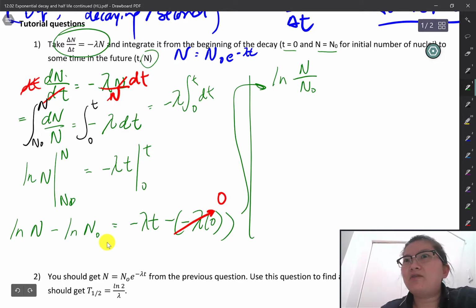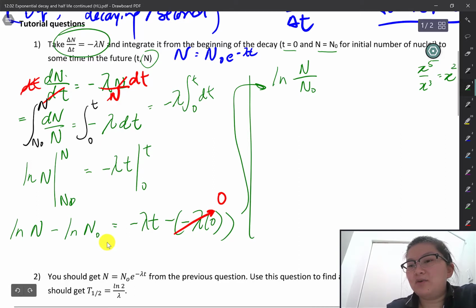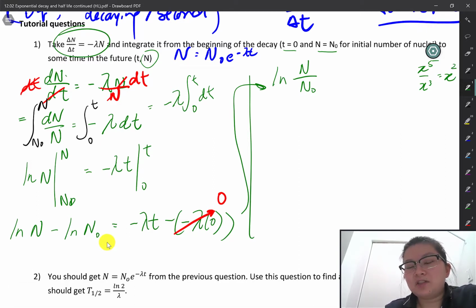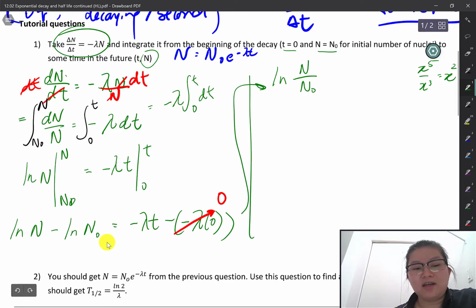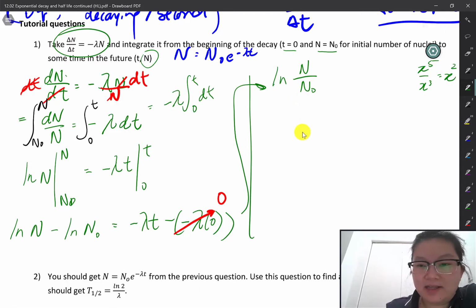It's just like whenever you're dividing exponents, referring back to exponent laws: if I have x to the power 5 over x to the power 3, this is just 5 minus 3, which is an exponent of 2. So using your exponent laws, this is very similar. Subtraction is equivalent to division of your powers.